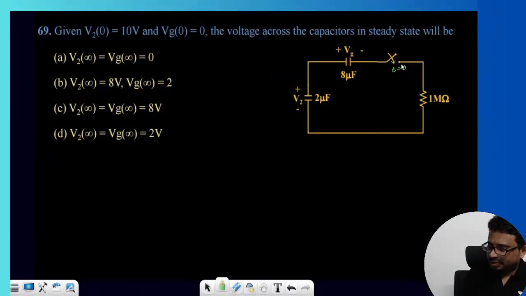Now you can redraw the circuit. Vg does not have any initial value, but V2 has an initial value, right? The switch is closed at t greater than 0, and here we have a resistance.